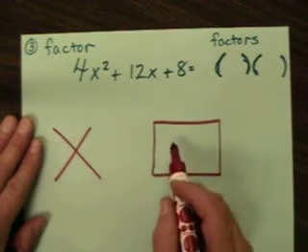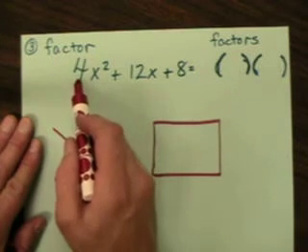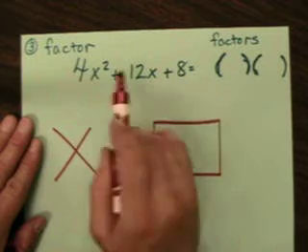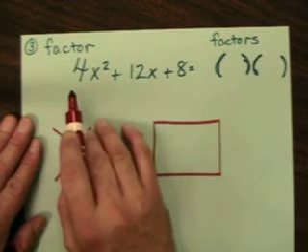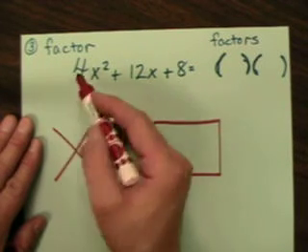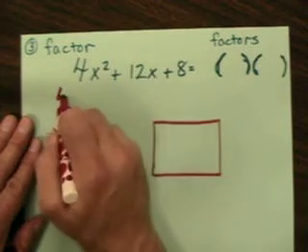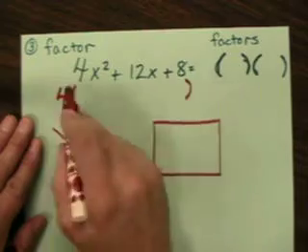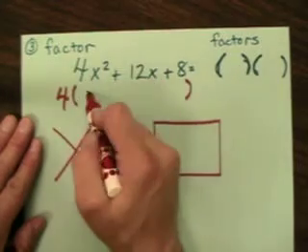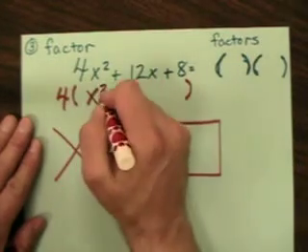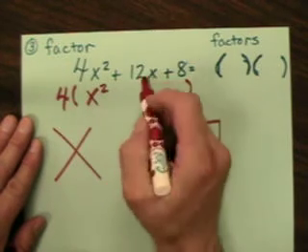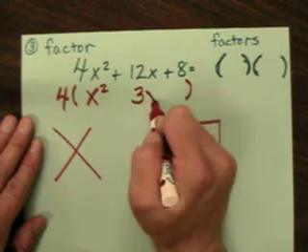First step, factor out a greatest common factor if one exists. Is there a number that will go into 4, 12, and 8? Most students in class will say 2, but there's a larger number. The larger number that will go into all of them is the number 4. So if I factor out or divide out 4, I will get 4 that'll divide out to x squared. 12 divided by 4 will be 3x.